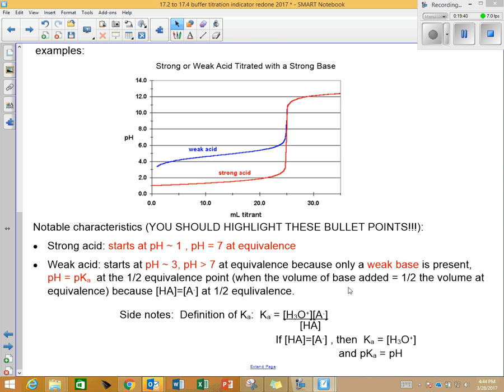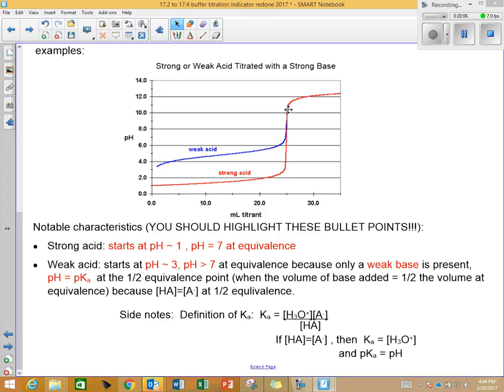Therefore, from the definition of our Ka, if these are equal, then Ka is equal to H3O plus, right there. And if I do negative log of Ka, which is the pKa, that must equal negative log of H3O plus, which is pH. So what we just did was to derive why this second bullet point is true.